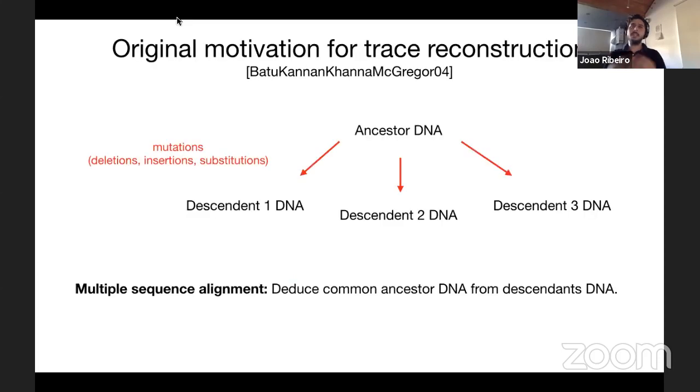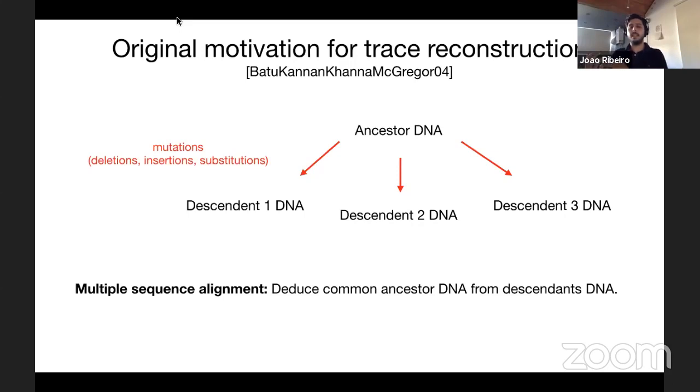So this is a nice theoretical problem. There was actually an original motivation for this, which was multiple sequence alignment in computational biology. Biologists have DNA from some species, and you want to find the common ancestor of these species. The way the evolution process works is that you have some ancestor DNA, which as time passes gets mutated by insertions or deletions or even substitutions into the DNA of several descendants.